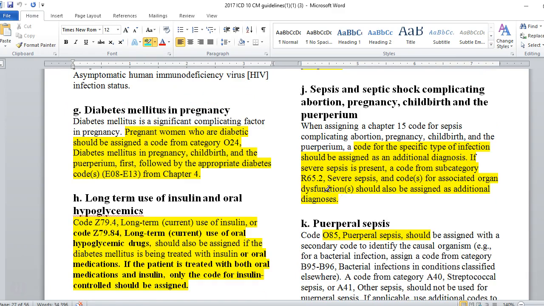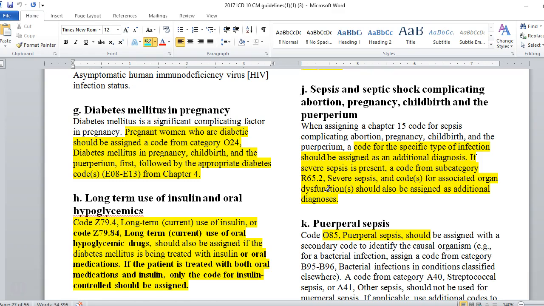Now, when assigning a Chapter 15 code for sepsis complicating abortion, pregnancy, childbirth, and the puerperium, a code for the specific type of infection should be assigned as an additional diagnosis. So again, the first code is still going to be an O code, but then we need what the infectious agent is, what the cause was.